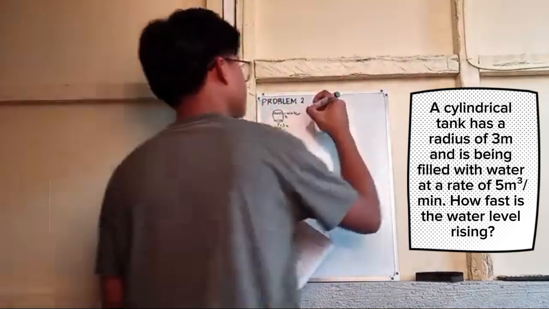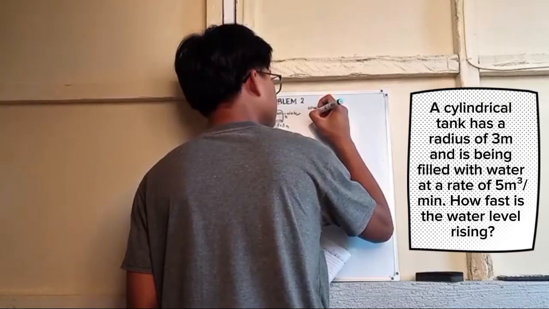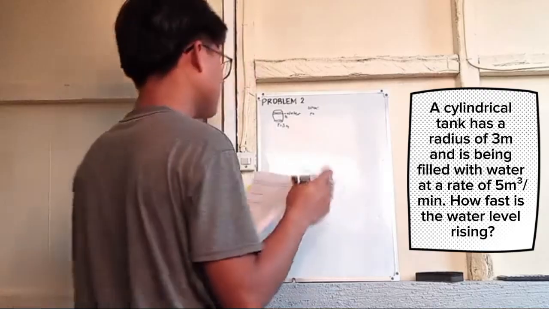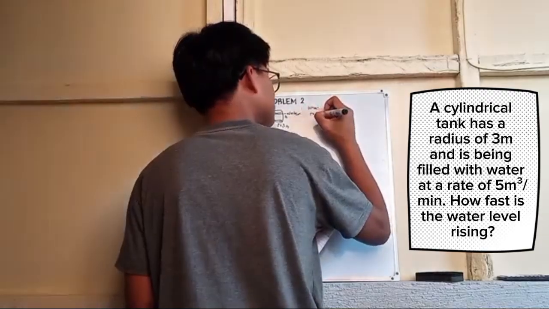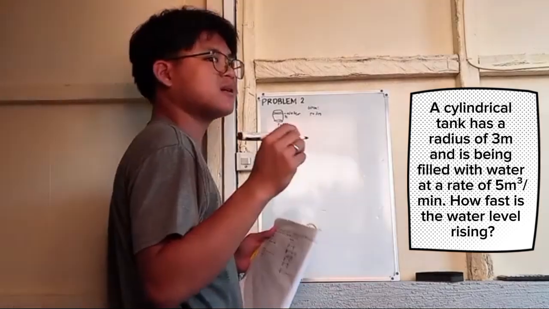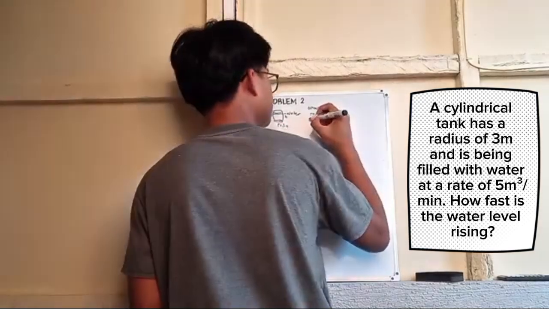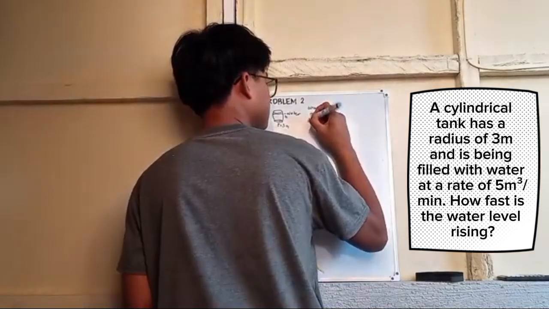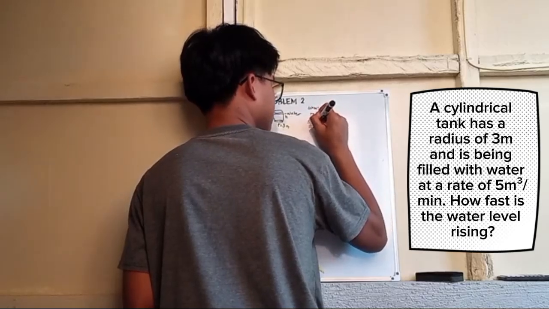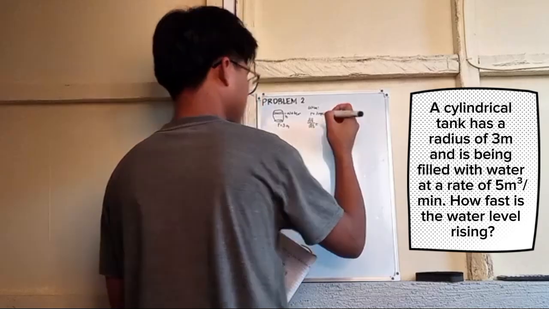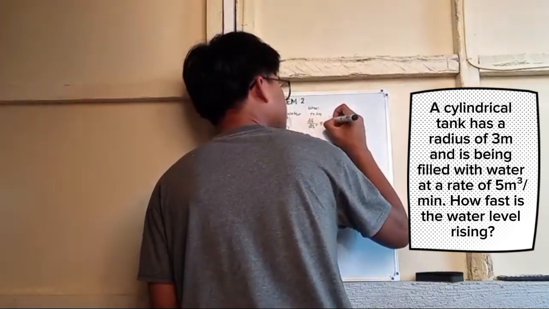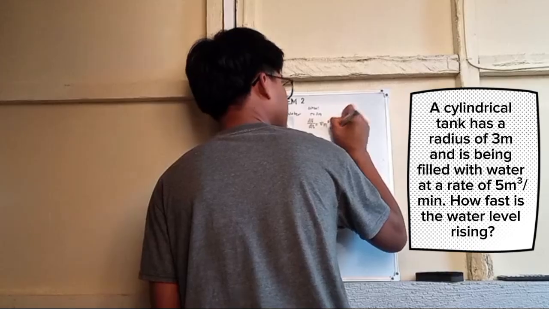So first, we will determine what is given in the problem. The problem stated that our radius is equal to 3 meters, and the volume of water added, dV over dt, is equal to 5 meter cube per minute.